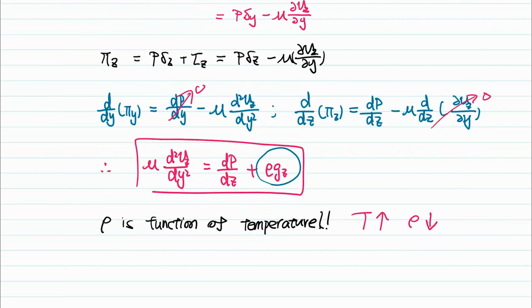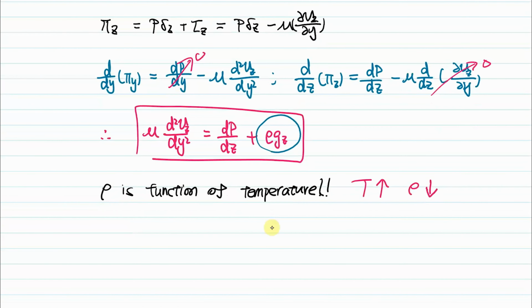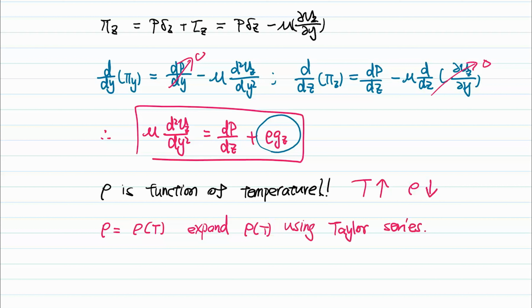Okay, so what we need to do here is rho equals rho of T, and we will expand rho of T using a Taylor series. Here T bar equals the arithmetic mean of T1 and T2.